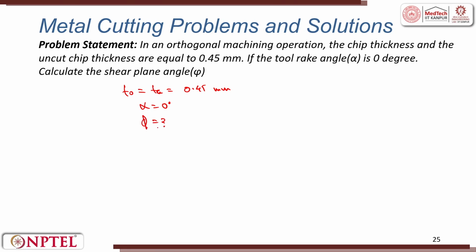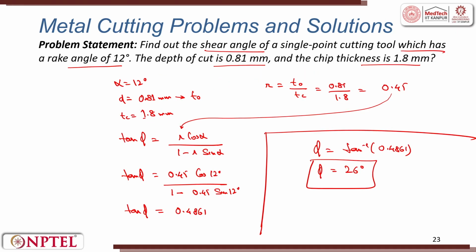So it is very simple question. Here R is equal to T naught by Tc. This is equal to 1 because both of them are equal, and you can simply calculate again tan phi is equal to R cos alpha by 1 minus R sin alpha, as we did in the previous problem here. So here value of alpha is 0 degree.